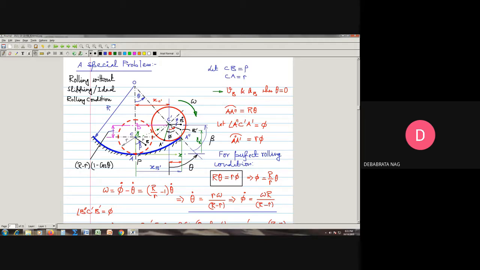So you see, therefore, the angle that this radial line will now make with this reference line is this much. How do you calculate this much angle? You remember this total is equal to phi.